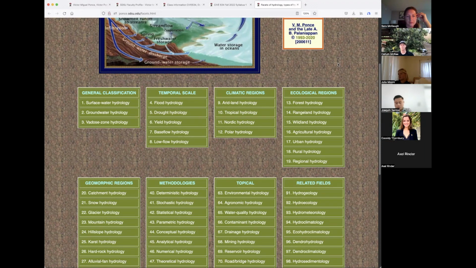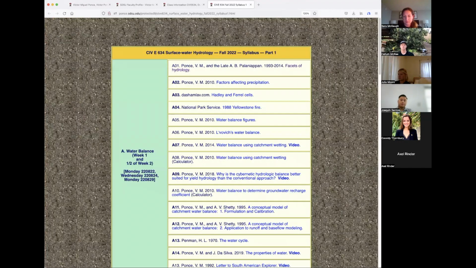Conceptual is when we give up on the physics and we go for something that's relatively easy, and that's the only way that could handle the complexity of nature. Because sometimes nature is so complex, varied in space and time, that we cannot handle it in a model. And that's why we come up with the conceptual models. Suffice it to say at this point that those are the facets of hydrology.